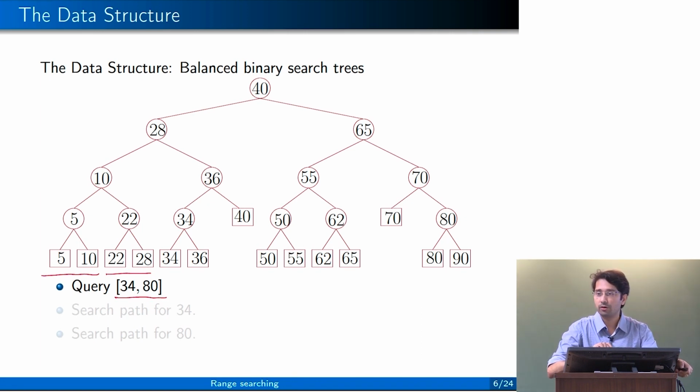How to search for a range 34 to 80? I want a runtime of log n plus k. I want to report all the points which are inside 34 to 80 in time log n plus k.